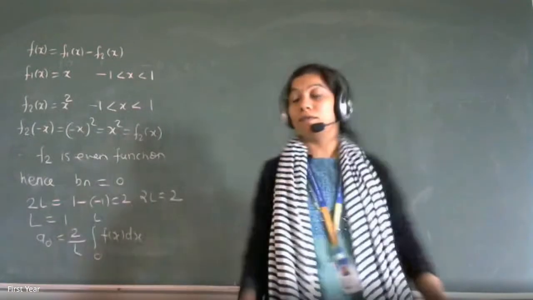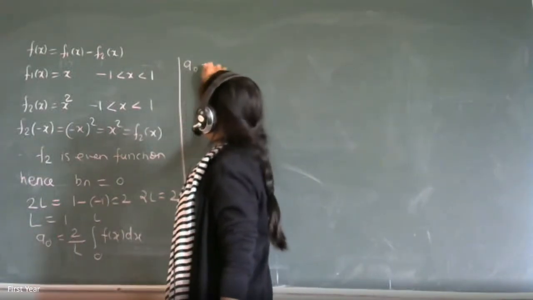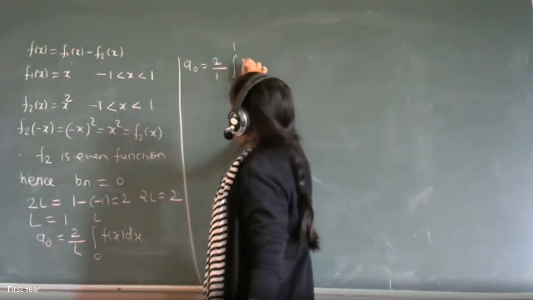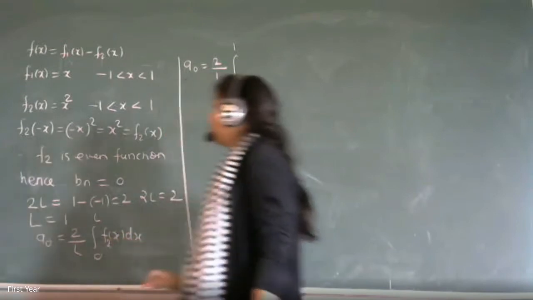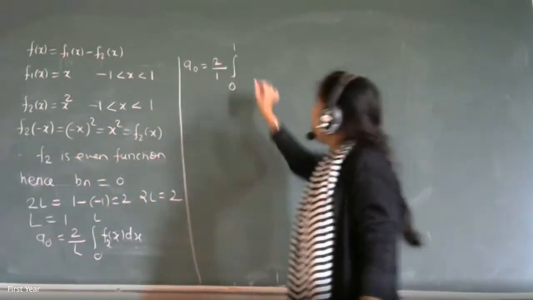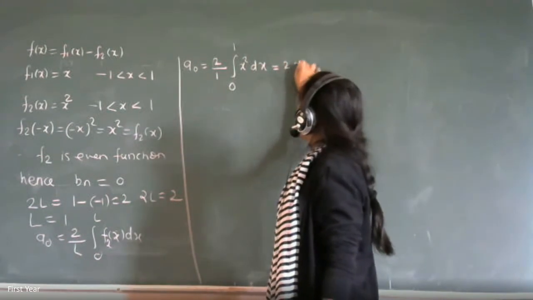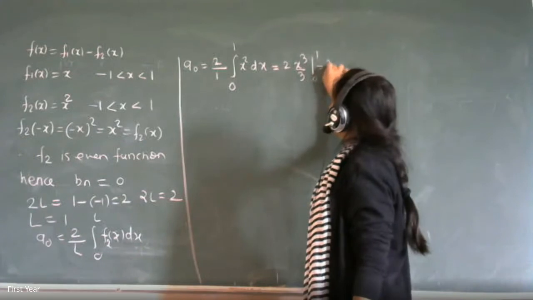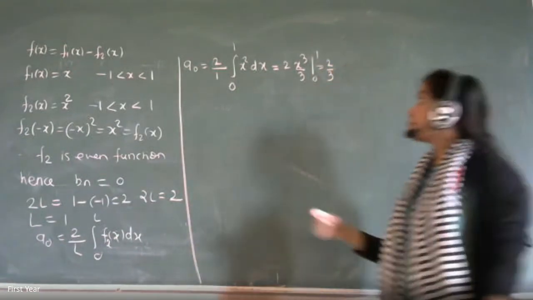Therefore we will get a naught equal to 2 by 1, integration 0 to 1 of f of x, which here is f2 of x. So what is f2 of x? x square, integrated gives x cubed by 3 from 0 to 1. So a naught turns out to be 2 by 3.